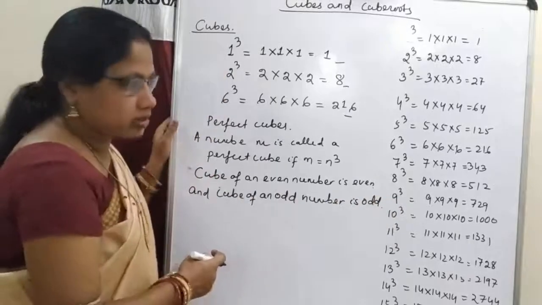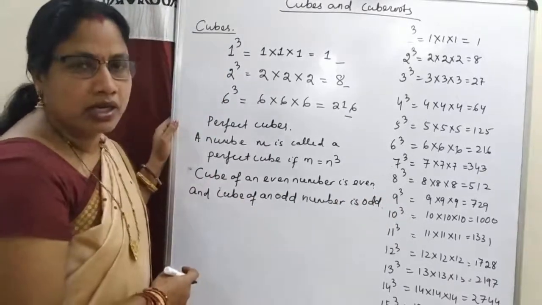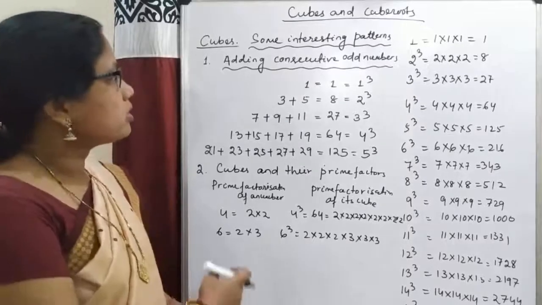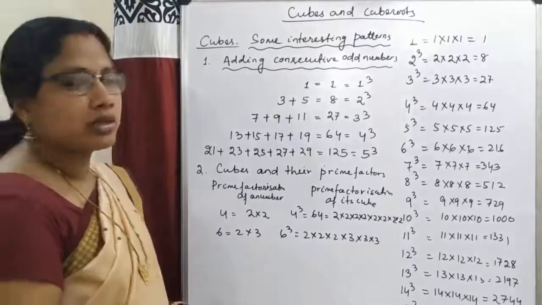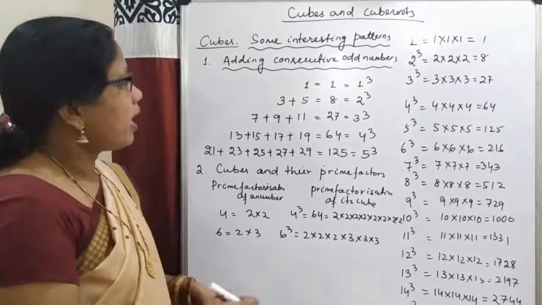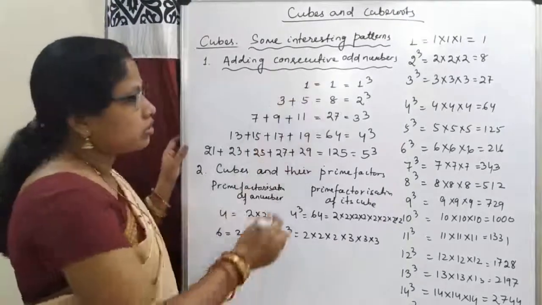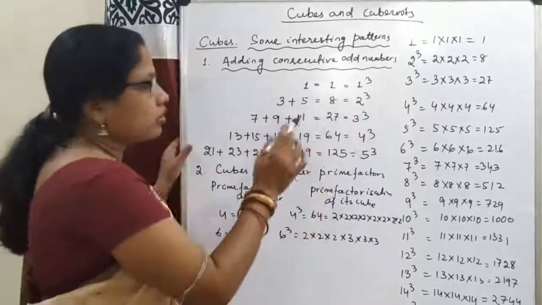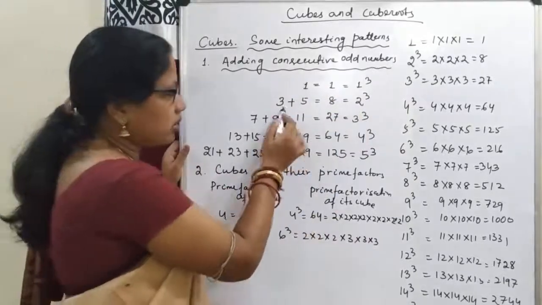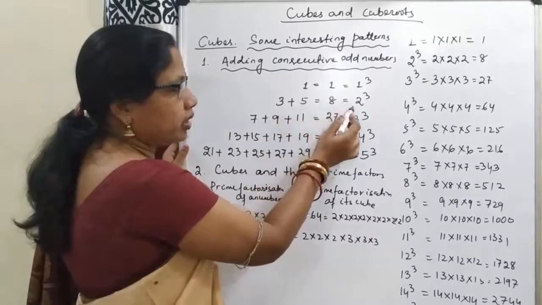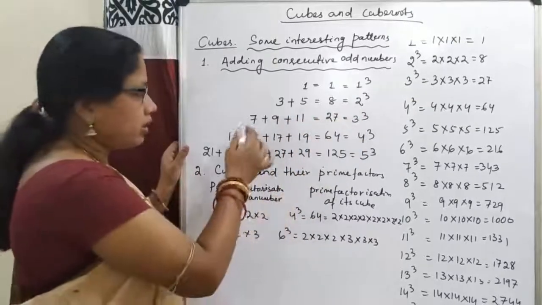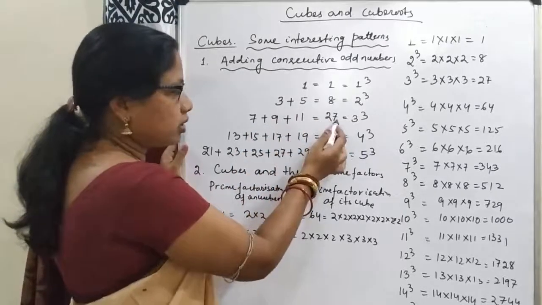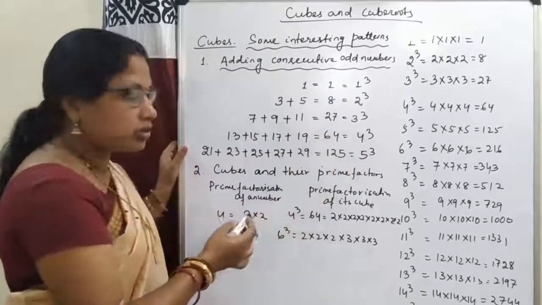Next, let us learn some more patterns in cubes. Let us discuss some interesting patterns in cubes of a number. Adding consecutive odd numbers: 1 is our first odd number, so that is equal to 1 cube. The next two odd numbers, 3 plus 5 is equal to 8, that is 2 cube. Then the next 3 odd numbers, 7 plus 9 plus 11 is equal to 27, that is 3 cube.